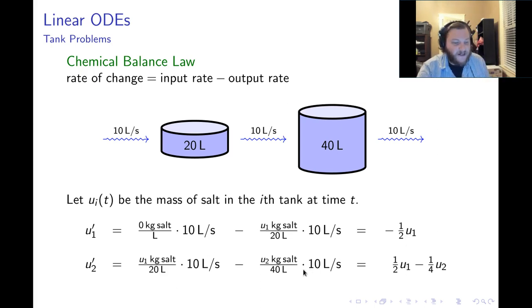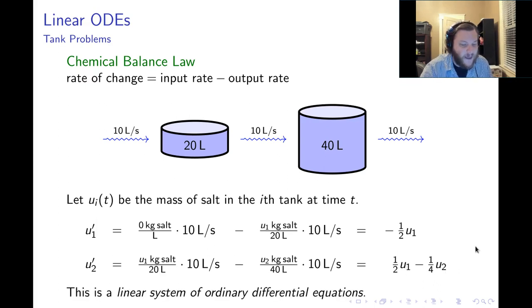For the second tank, there is an input rate of salt, which is influenced by the amount of salt in the first tank. That input rate ends up being 1/2 times the mass of salt in the first tank, U1. But then we have to take into account what is exiting the second tank. And when we simplify here, that's minus 1/4 times U2.